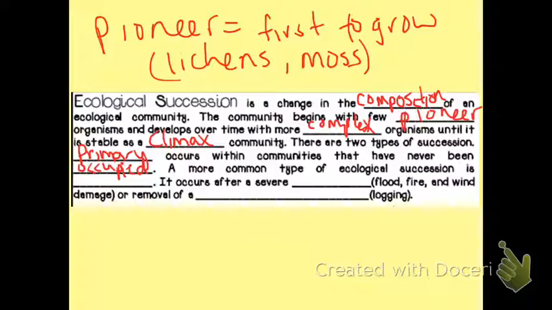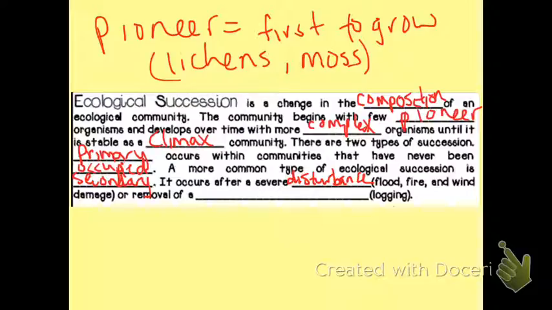Right. The most common type of ecological succession, however, is actually secondary. Secondary succession. Okay, and this is what's going to occur after a severe disturbance or disaster. This type of disturbance could include like a flood, or maybe a fire, burns a forest fire, or we have like a hurricane or tornado, something like that.